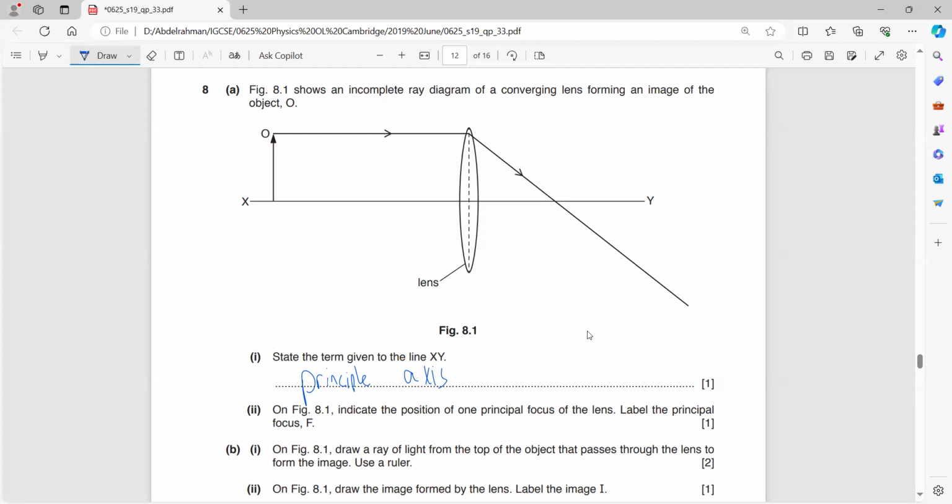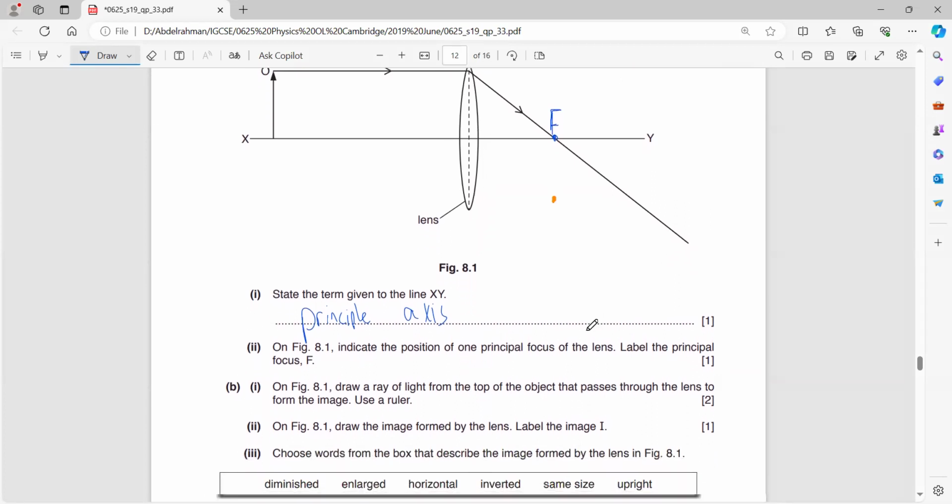We need to know where the principal focus is for this lens. Where is the principal focus? Any suggestions? Yes, right, well done Kareem. Yes, this point, and I will name it F. Principal focus F. Good.